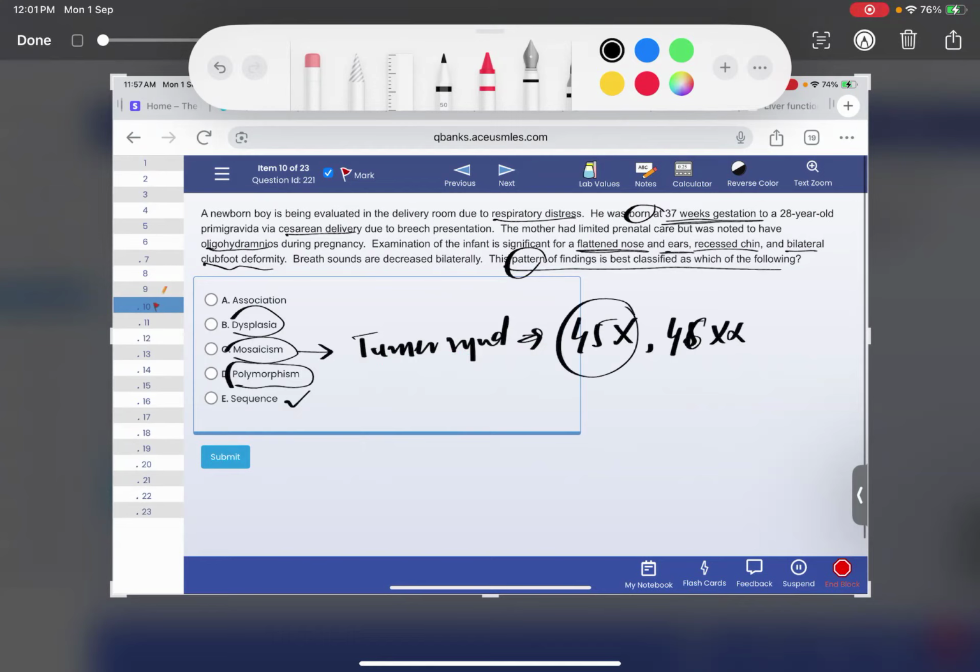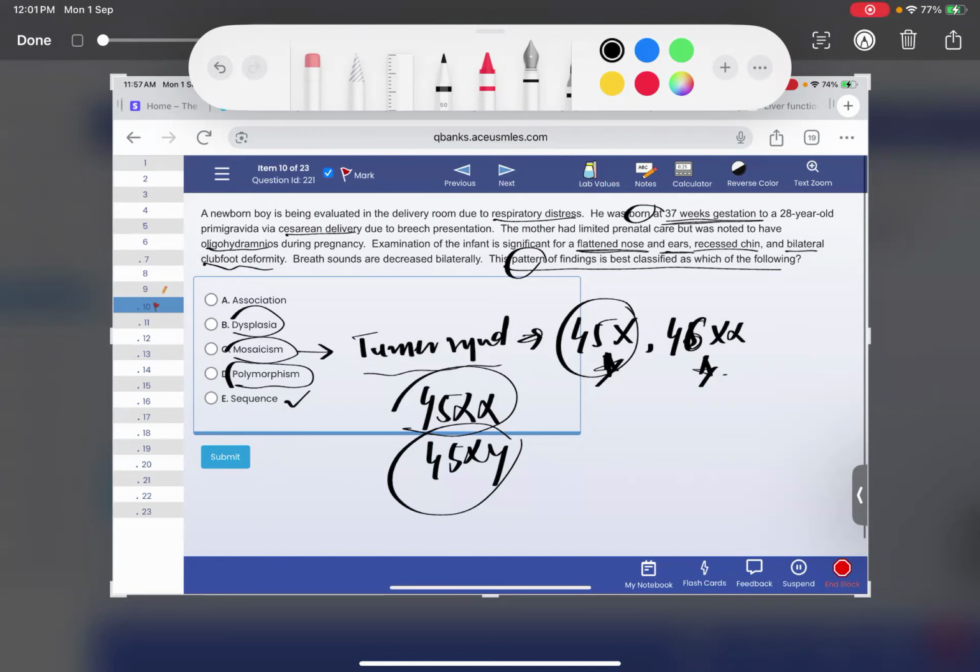So the presence of two or more genetically different cell lines within the same individual is called mosaicism. Normally we have either 46XX or 46XY, right? Either this or this. So in Turner syndrome, some cells have this genetic makeup and some have this. This is called mosaicism, okay?